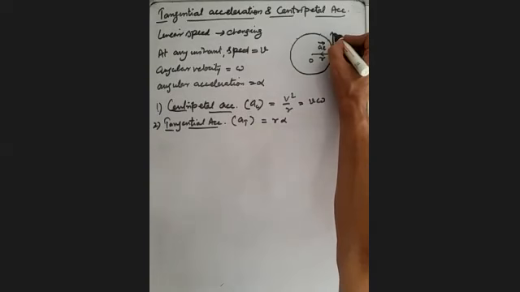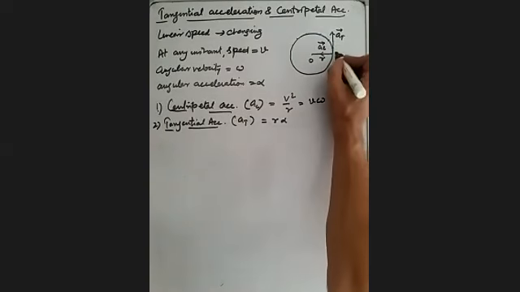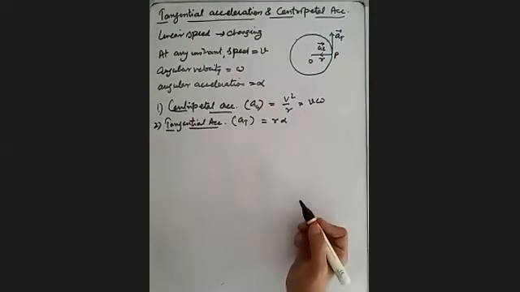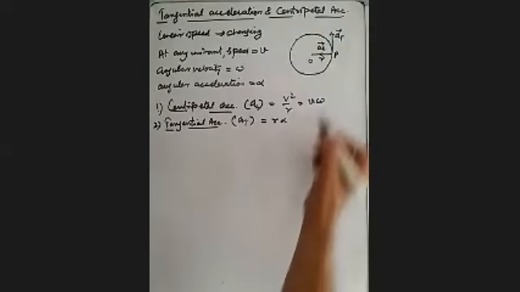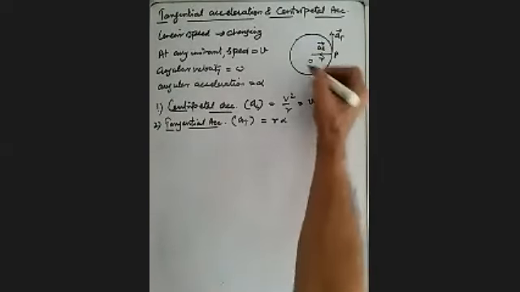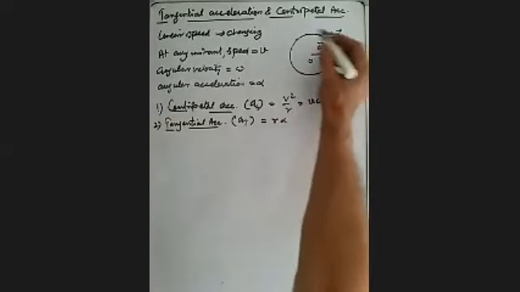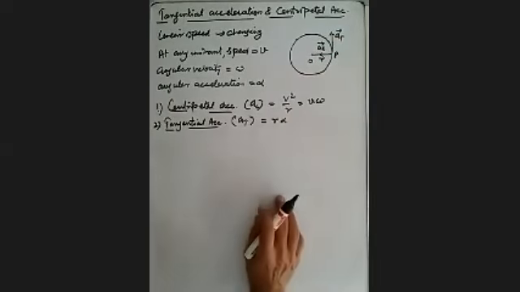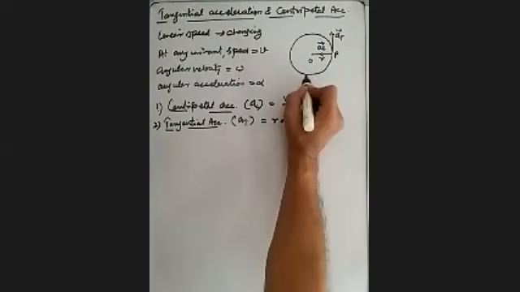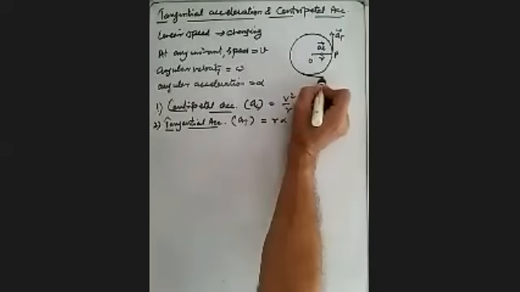So this is the direction of tangential acceleration if the particle is at point P, and this acts in the plane in which the particle is moving on a circular path. Now if the particle is at point, say, Q here, tangential acceleration will be like this.